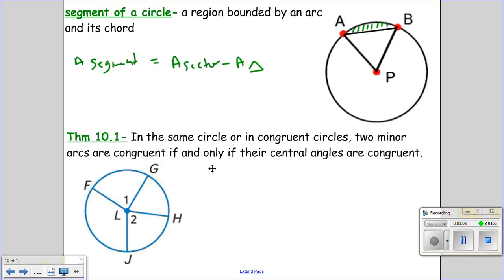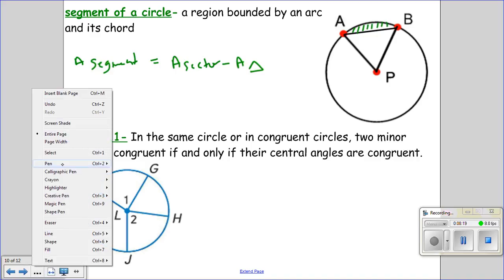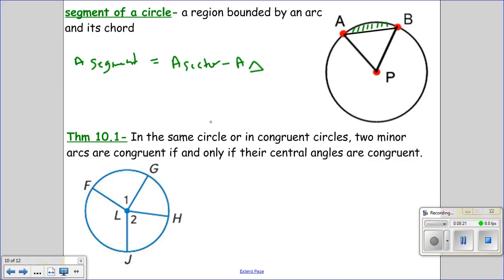And there's a theorem that we must know. In the same circle, or in congruent circles, two minor arcs are congruent if and only if their central angles are congruent. So in other words, if I use the picture at the left, if angle 1 is congruent to angle 2, then arc FG is congruent to arc JH.